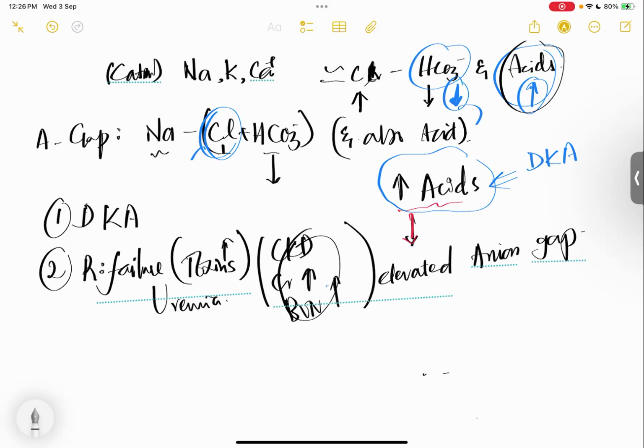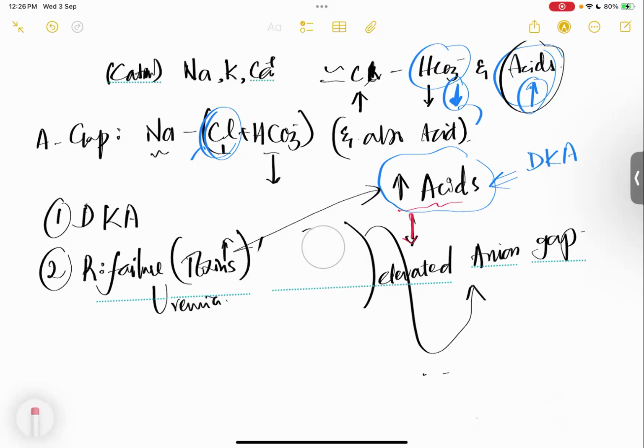We have increased acids, and we have elevated anion gap metabolic acidosis, right? Got this or not? Anytime acids are increased, it's metabolic acidosis.